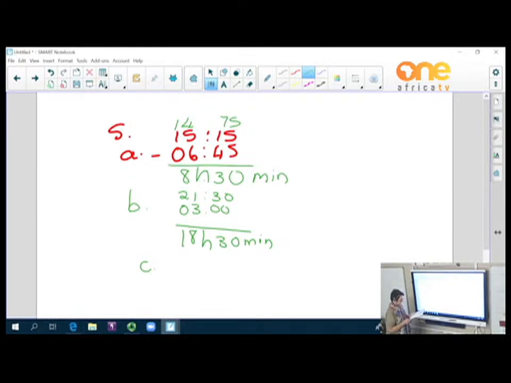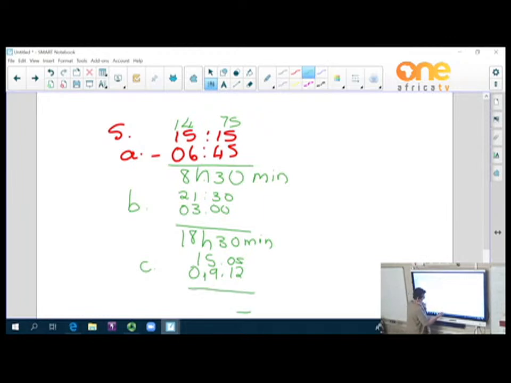And the last one, number C, Lazarus left Tsumeb at 9:12, and he arrived at Swakop at 3:05 p.m. So add 12 there, then it is 15:05. Calculate the time.